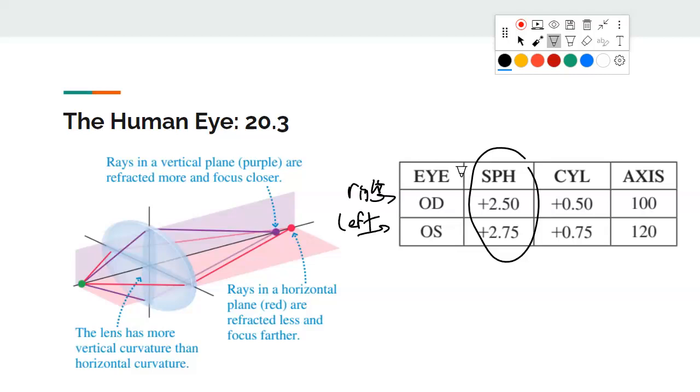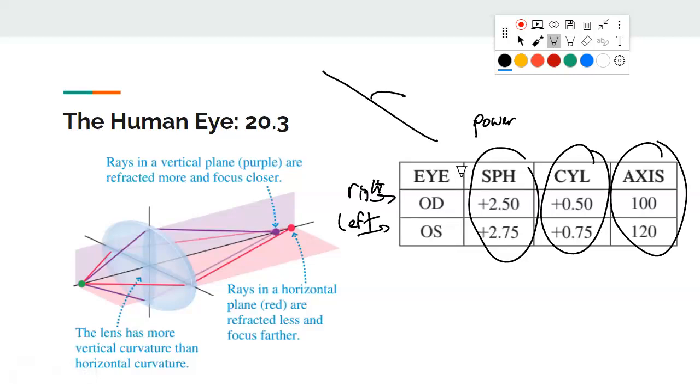But this first correction is just the power of your eye in terms of a spherical lens. And then the second number tells you how that power is different in one direction versus the other. So we call it the cylindrical correction. And then this axis tells you where that power is the largest. So if this axis is 100 degrees here, that tells you that at this 100-degree angle, that's where we have this +3 power. So in this case, 2.5 + 1/2.